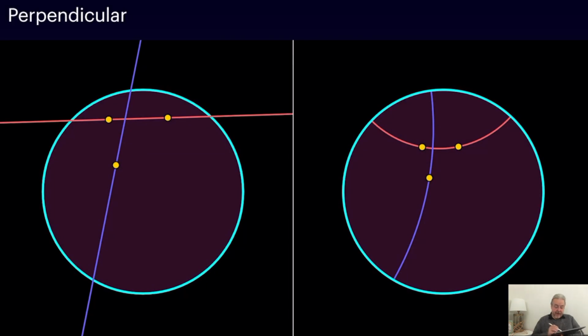Here again you see the Beltrami Klein versus the Poincare model, and here I've drawn two perpendicular lines, and you see they don't look perpendicular in the Beltrami Klein model, but they look perfectly perpendicular in the Poincare model.